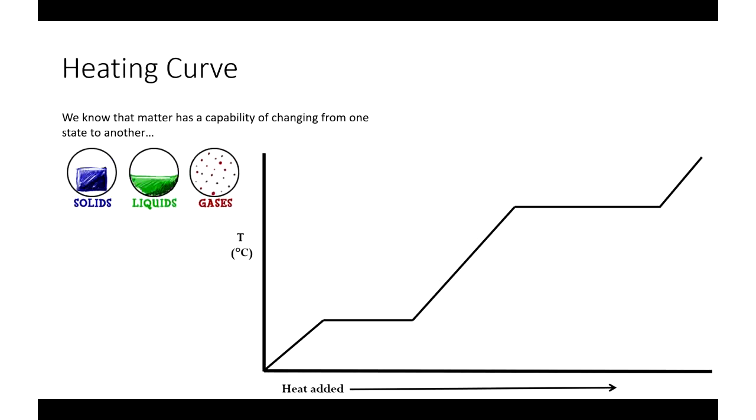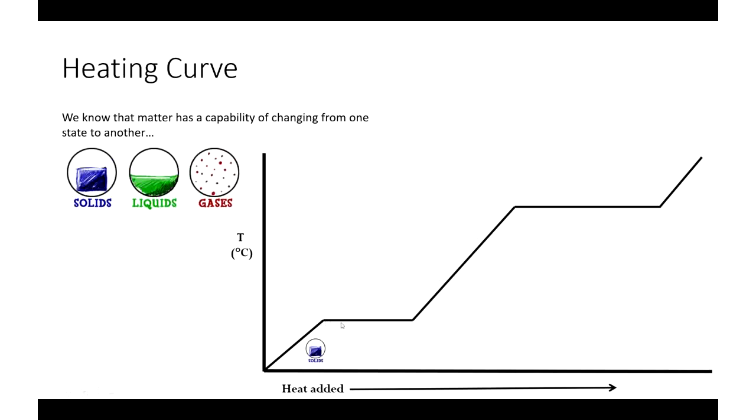So on the graph, we see that the y-axis is temperature in degrees Celsius, and the x-axis is the heat being added. So as you add the heat, we see that the graph is going up and up and up, right? It's increasing. So first, let's label our graph. We have our solid, that's where we start at low temperatures and as we start to add the heat.